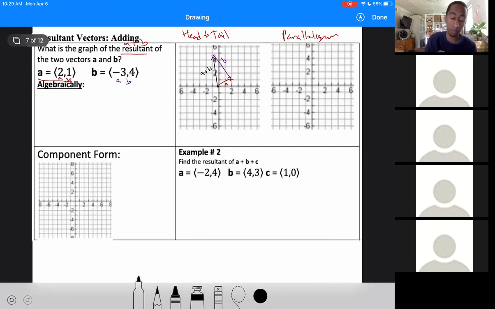And so that a plus b as a vector, the resultant, we see that it goes to the left 1, so the horizontal component is -1, and it goes up 1, 2, 3, 4. So (-1, 4) is a plus b. Any questions thus far?